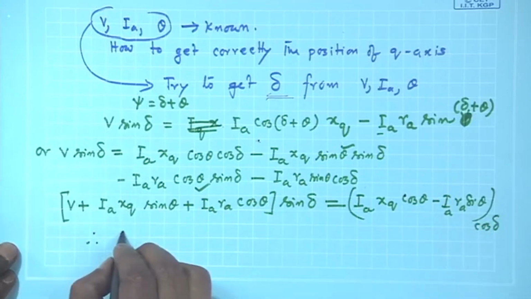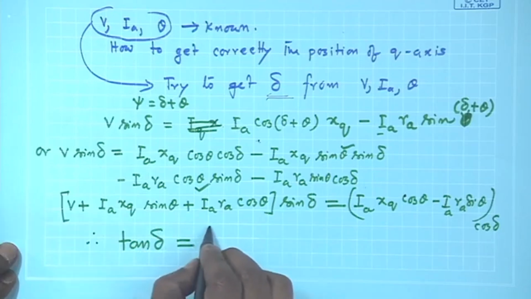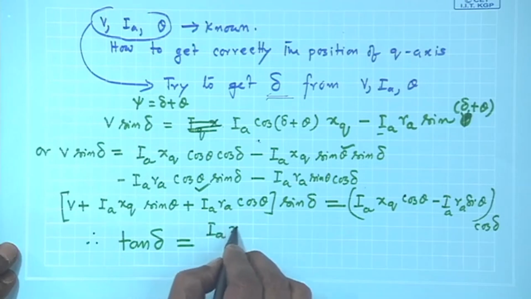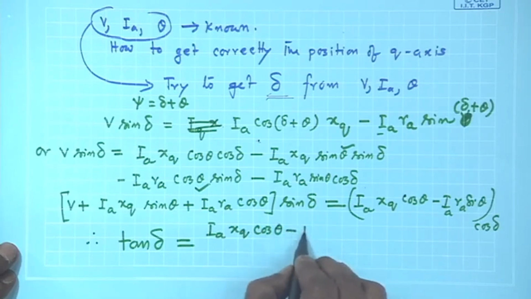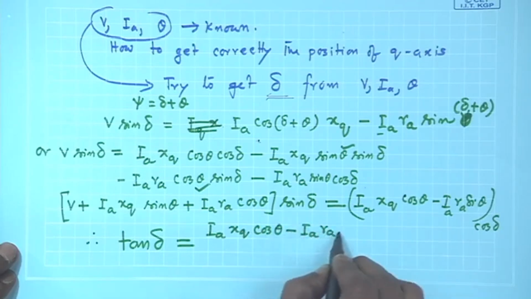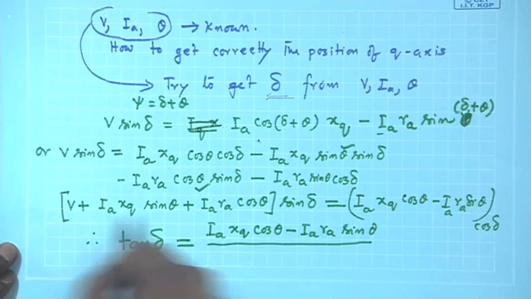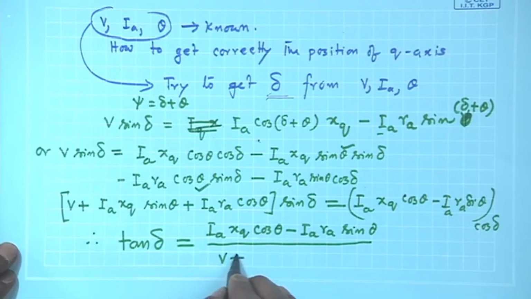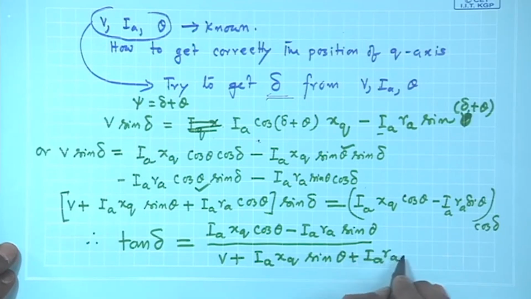So, tan delta will be equal to Ia xq cos theta minus Ia Ra sin theta, divided by this whole thing, that is V plus Ia xq sin theta plus Ia Ra cos theta.